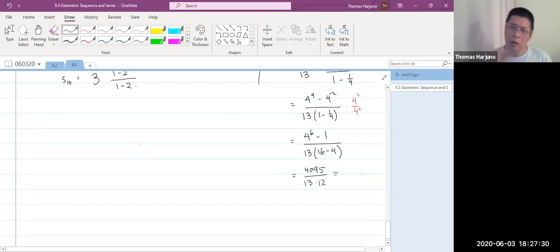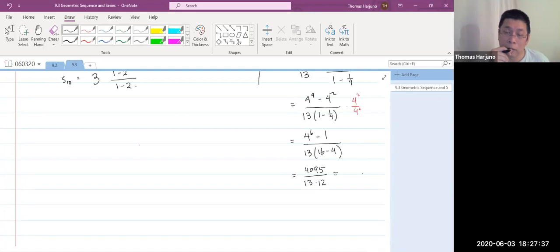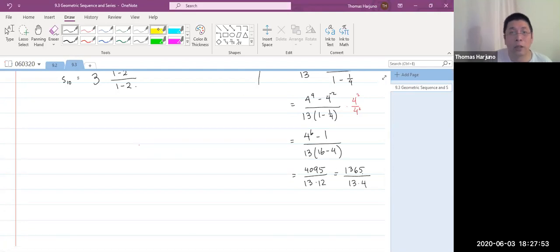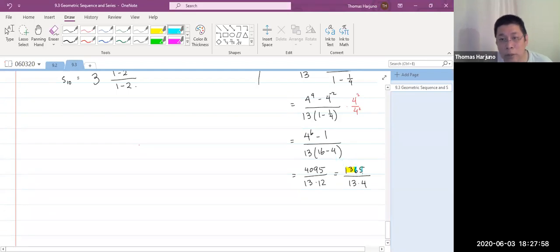I think I can reduce by 3. If we reduce by 3, I get 1365 over 13 times 4. Oh, but 1365 is a multiple of 13. Okay, well, then this is 105.